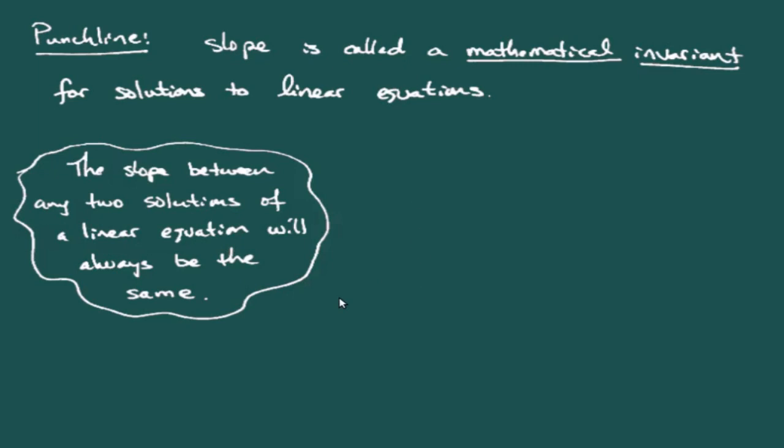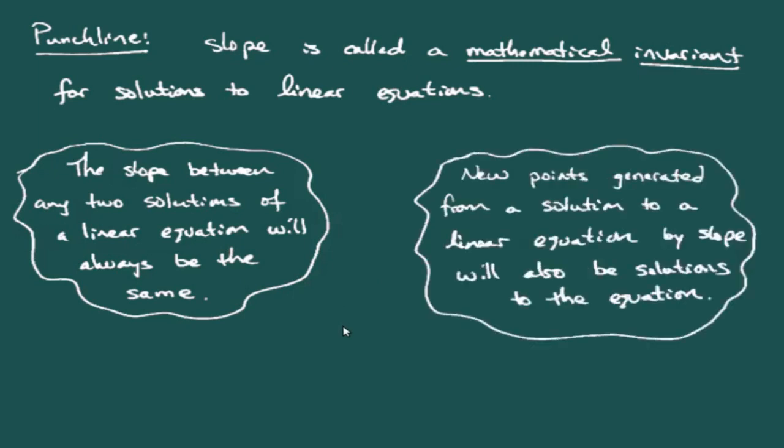That was popping up when we compared the slopes between any two points that we had. So that's one side. The slope between any two solutions is going to be the same. But the flip side of that coin is if we take a new point that's generated from a solution to the linear equation using the slope for the equation, that will also generate a new solution to the equation. So there is this duality: any two solutions always give us the same slope, and a point and a slope generating new points will always give solutions to these linear equations.